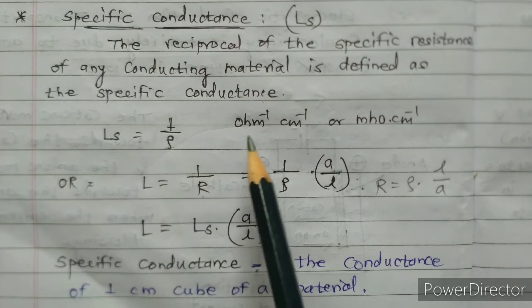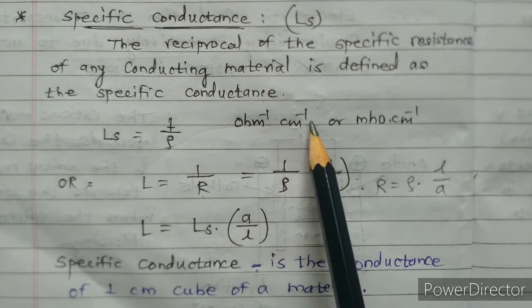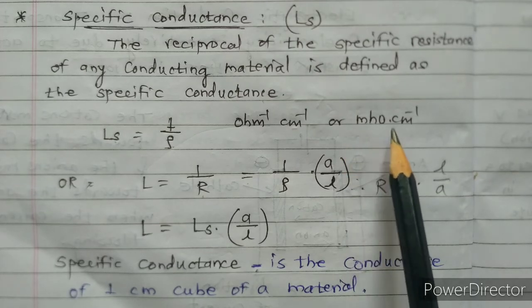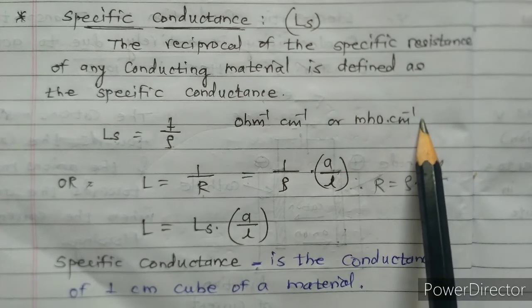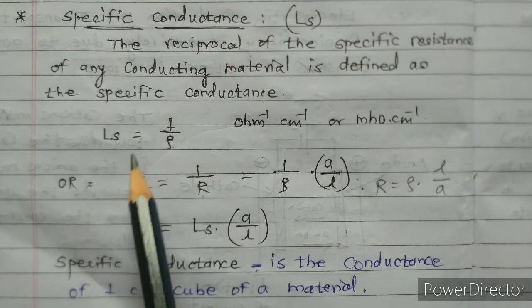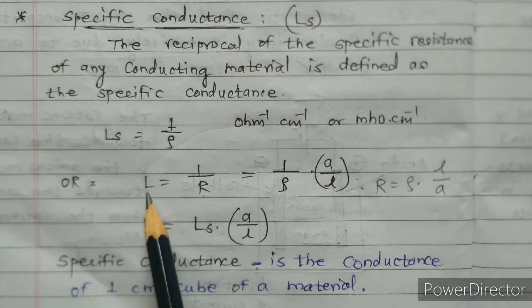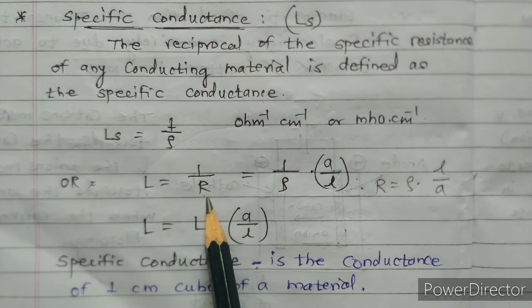The unit is ohm inverse centimeter inverse, also expressed as mho into centimeter inverse. This mathematical statement we can also write as L equal to 1 upon R, where L is conductance and R is resistance.